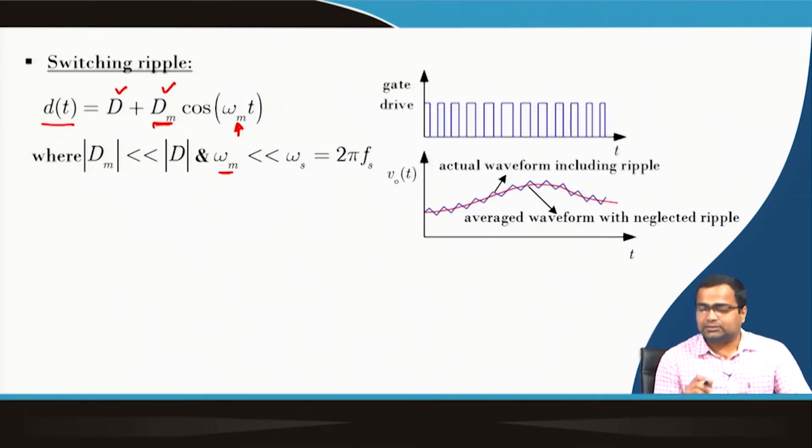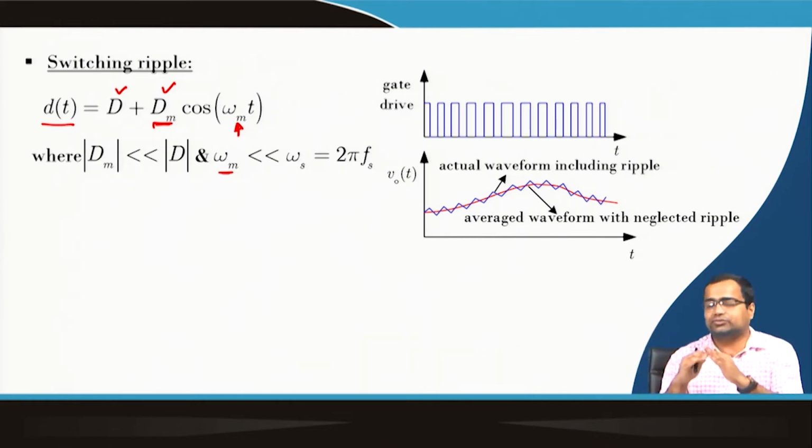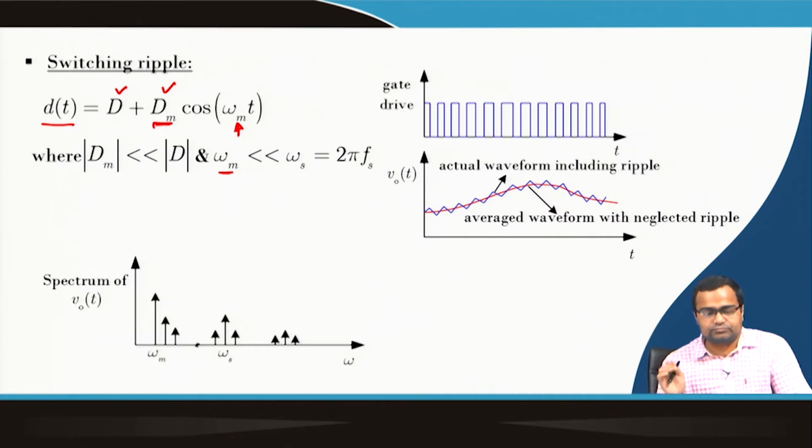With this assumption, if we take the behavior of the actual switching converter, we can extract the average dynamics and we can ignore the switching dynamics or neglect the ripple information, provided that the switching frequency is much faster than the excitation frequency.